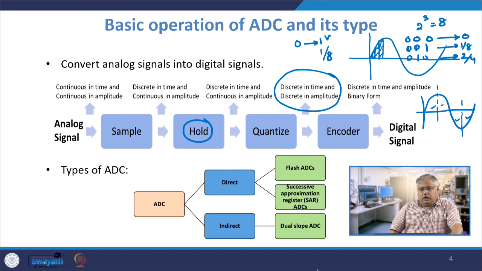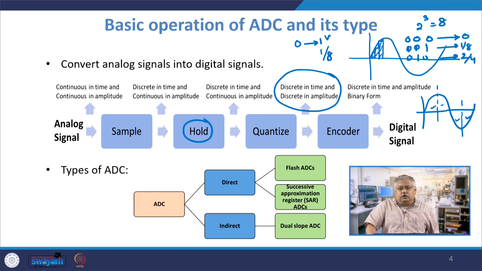Is it okay? Whenever I reach a value of 2 by 4, which is 1 by 2 volt, you can write down 010. In very basic language, I am explaining how I am quantizing it. Therefore, the output will be discrete in the time domain, and the amplitude will now be in binary form. Do not worry about amplitude, but more importantly, in the time domain it will be discrete in nature, right.